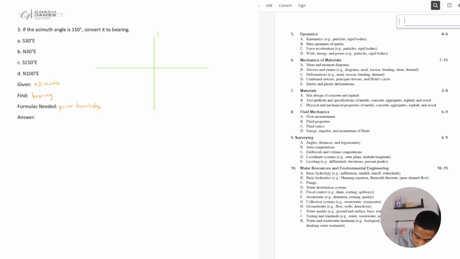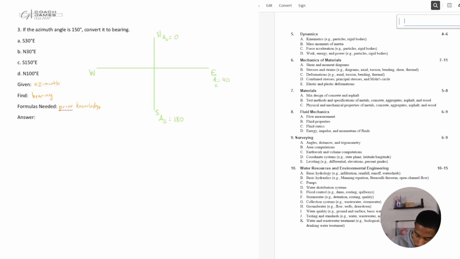So I know that this is north, south, west, and east. I know that this is 150. My azimuth at north is equal to 0, at east is equal to 90, and at south is equal to 180.